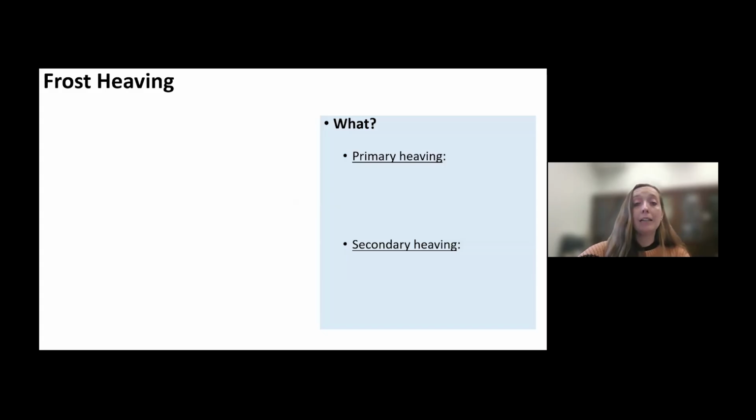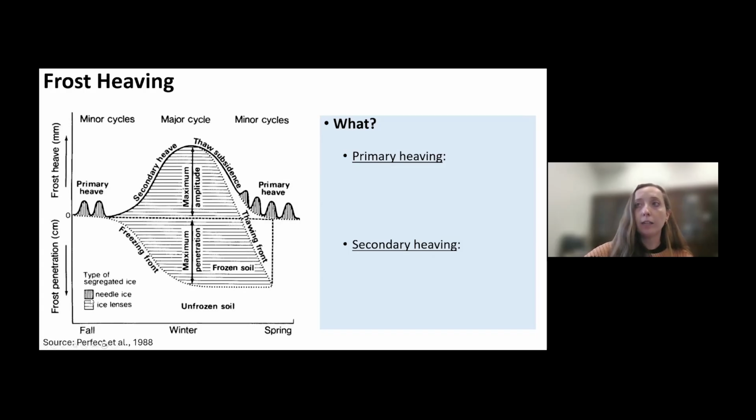So in reality, there are two types of heaving. There is what we call primary heaving and secondary heaving. And this can be explained with this figure here. We're looking at this zero here. That's the soil surface.